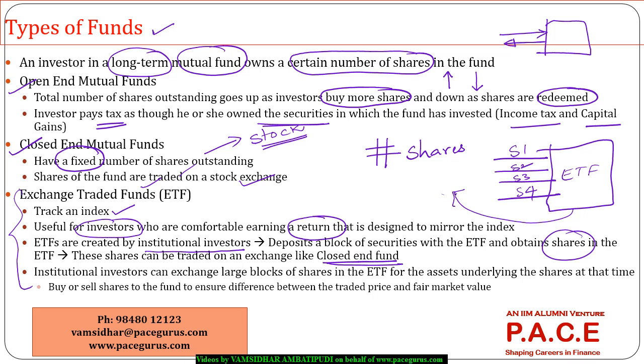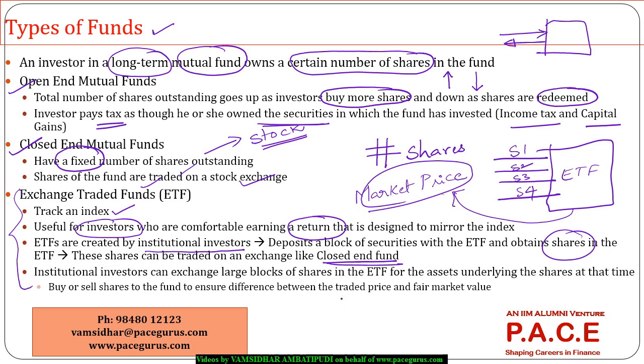But when it is traded on the exchange, the market price will keep varying based on the demand and supply. But based on the demand and supply, even the fund manager can either increase the number of shares or decrease the number of shares so that the market price fluctuation is not that heavy.